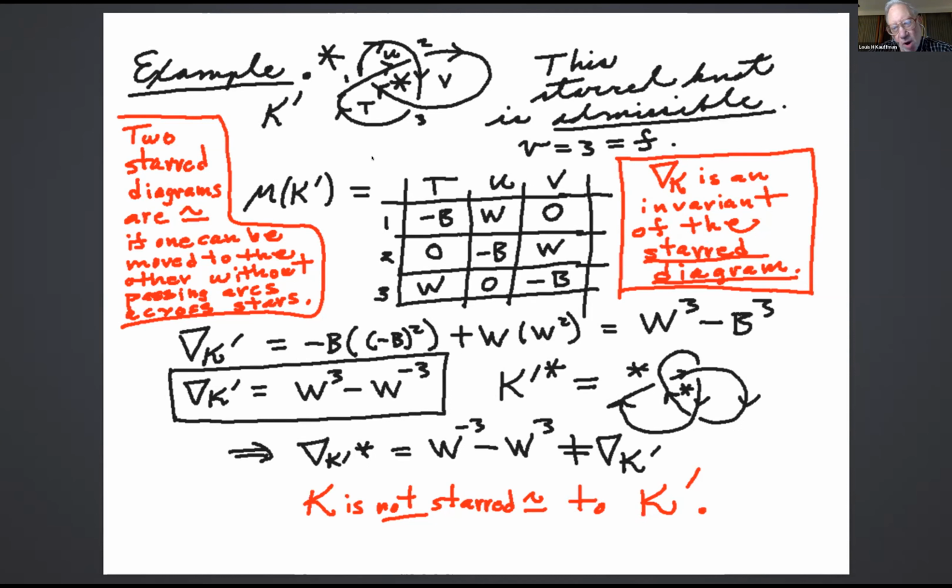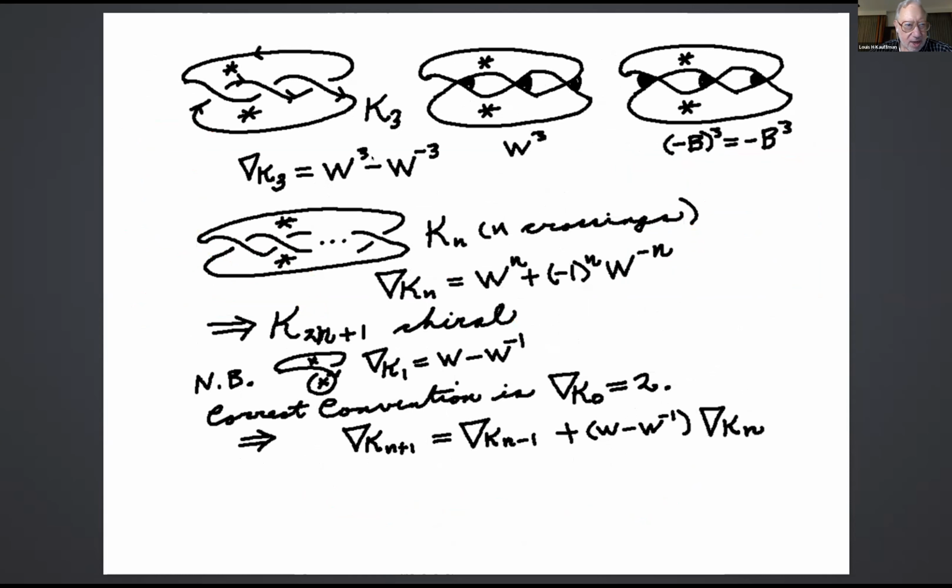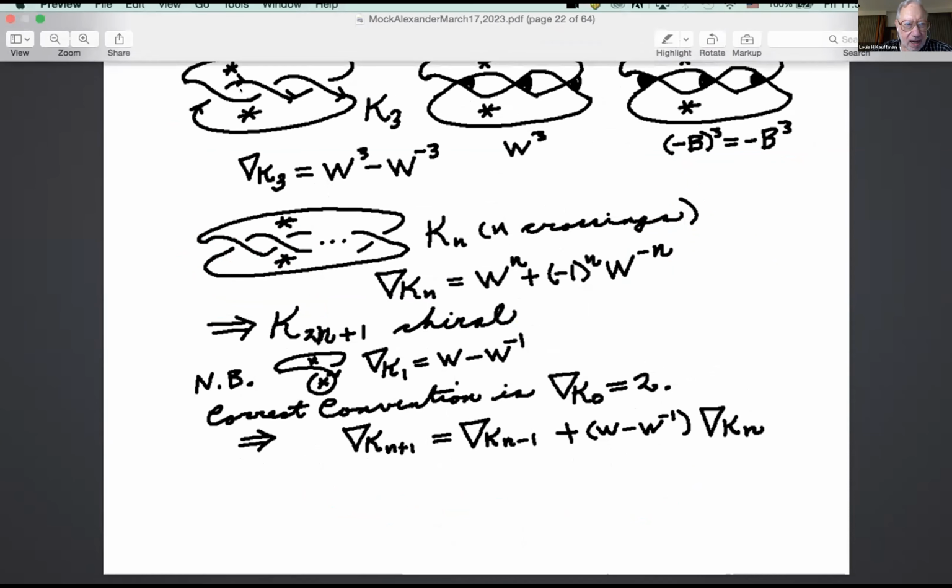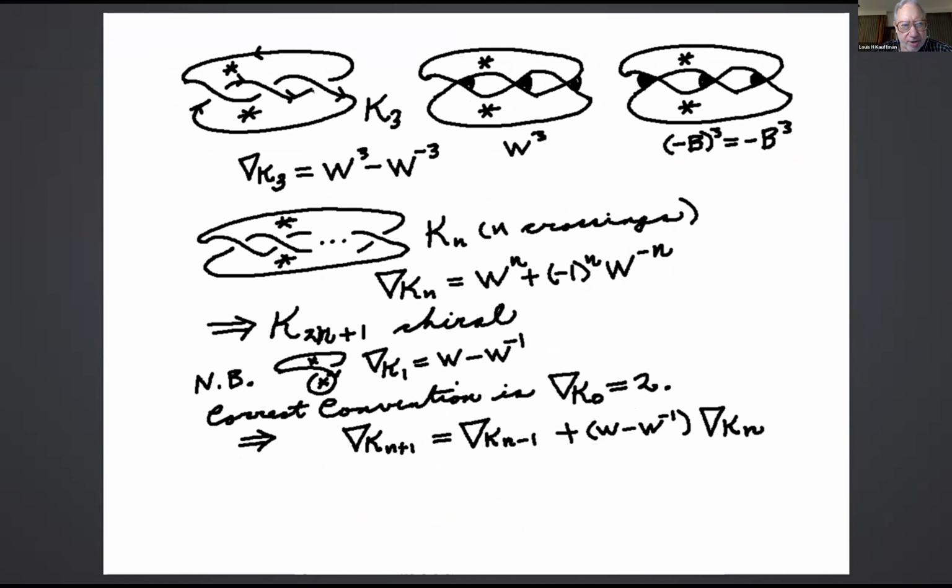But now we have a wide range of things that we can do with admissible diagrams. We can put them in various circumstances. Here's a generalization of what you just saw, and in fact, the state version of it. I have here 3 crossings and the stars in non-adjacent regions. And as you see, there are only 2 states. There's one where all the markers run forward and the one where all the markers run back. And that's where we got W cubed and W to the minus 3.